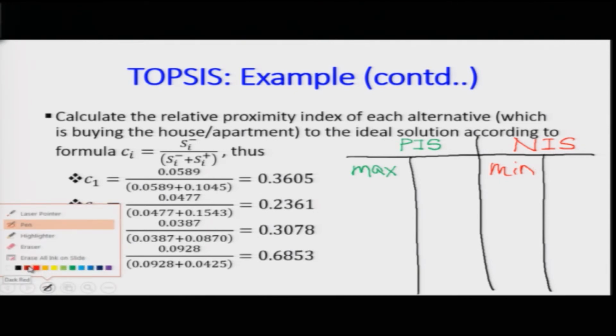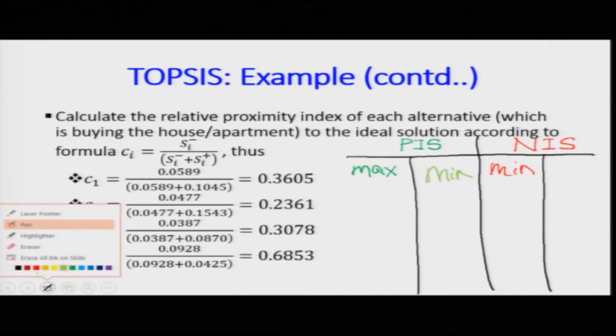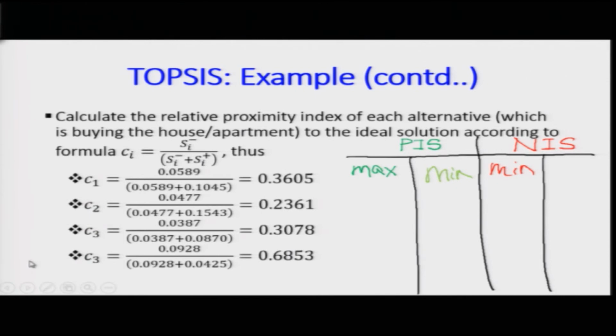When I use the min for the PS, I use the light green, and when I use the max for the NIS, I use the dark red color. Now, all these things would give me the combinations. There are 2 here and 2 each here. So, there will be 4.